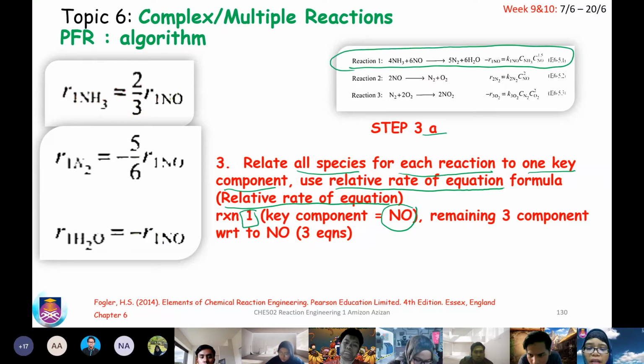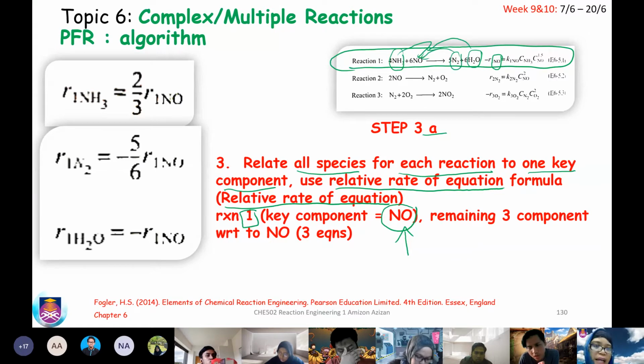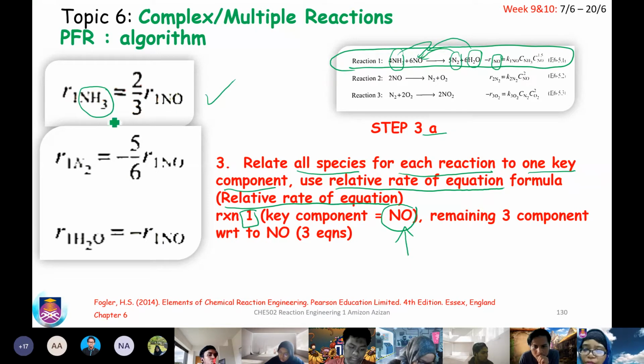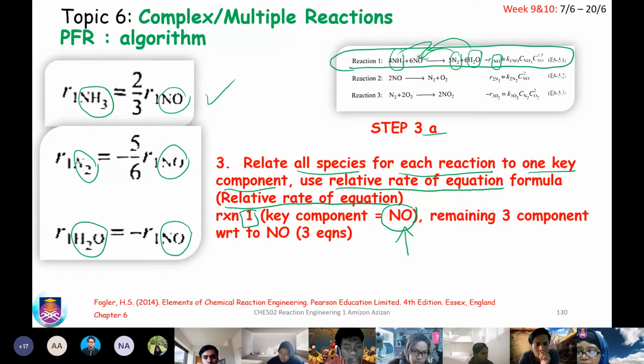The key component is nitrogen oxide, NO. So we are going to relate ammonia to nitrogen oxide, nitrogen to nitrogen oxide, water to nitrogen oxide, using the relative rate equation. So you have this resulting equation: the rate of formation of ammonia, nitrogen, and water related to nitrogen oxide.